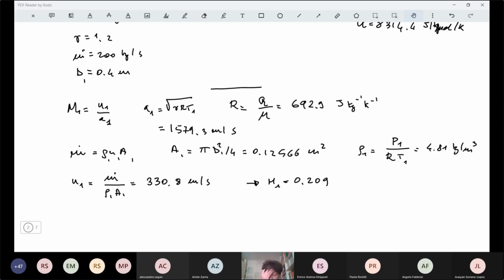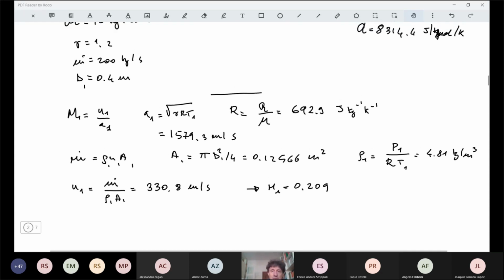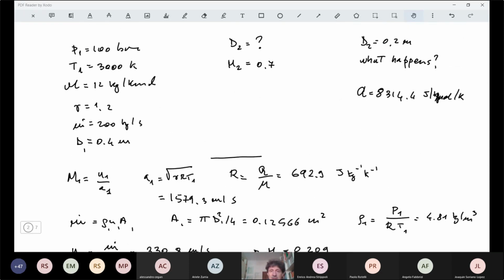We have computed our inlet Mach number, and now the goal is to compute the diameter, or let's say the area. So we should evaluate the area in the second position where the Mach number is equal to 0.7.